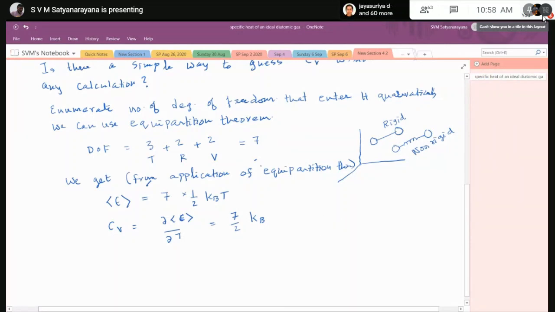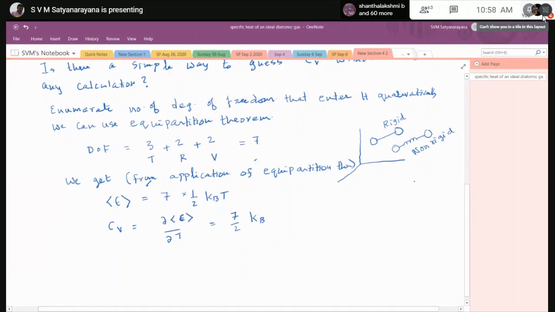This is a simple estimate of the specific heat per particle of a diatomic gas. Now, because they are non-interacting, the total specific heat is simply 7 by 2 times N kB. That's all, because that just gets added.